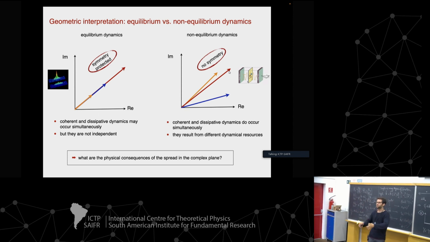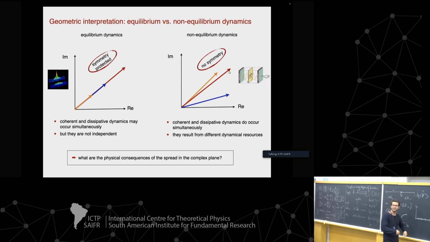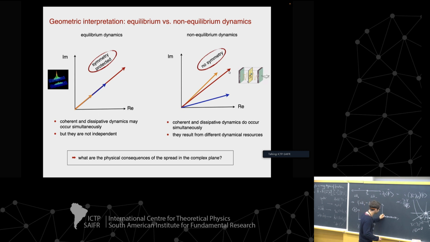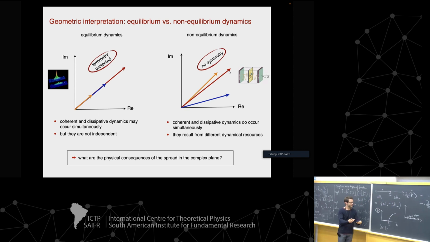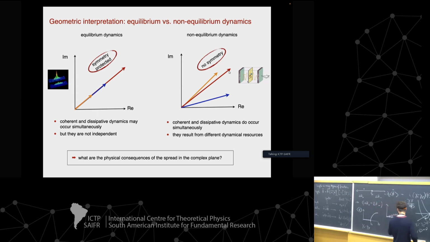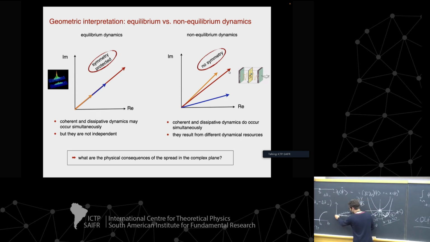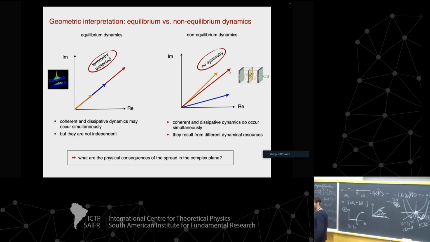But now we coarse grain more and more towards our macroscopic world, and what happens is that some dissipative processes will pop up. So we rotate a little bit out of this plane, and we get dissipative processes. And the point is that in an equilibrium situation, we preserve this microscopic alignment structure, and this ray will just rotate out of the real axis, somewhere into the complex plane, to describe dissipation.